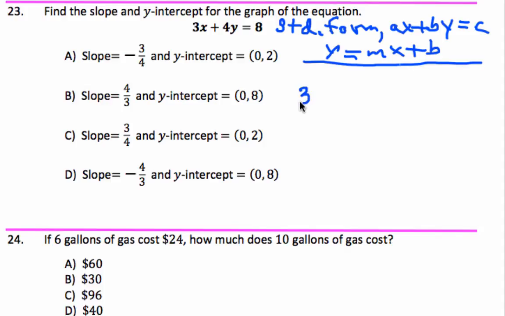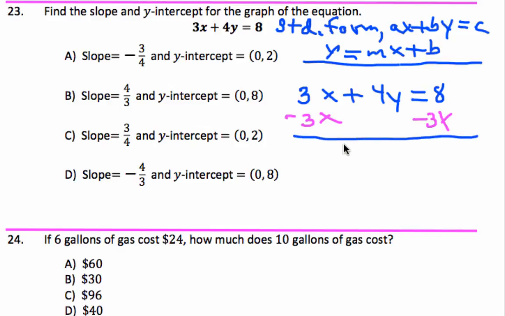So 3x plus 4y equals 8. We'll isolate the y by subtracting the 3x from both sides. And we're going to be left with 4y equals negative 3x plus 8.